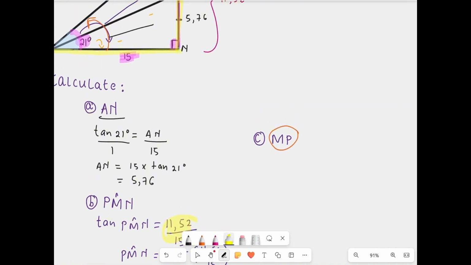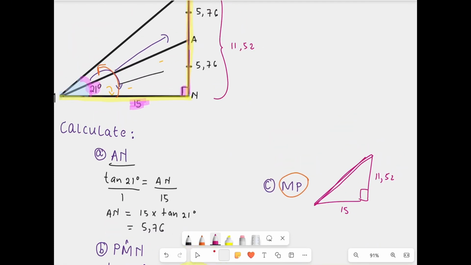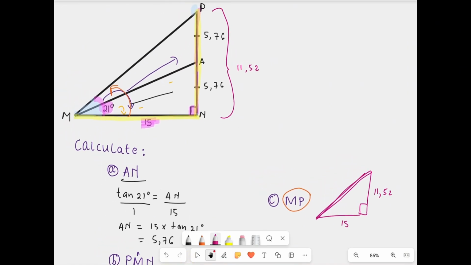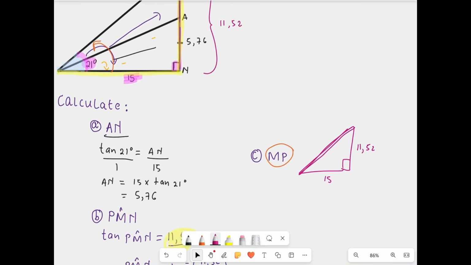So here is our triangle. We have 90 degrees here. We have 15 here, and then we have 11,52. And then we are looking for this length. So we can use Pythagoras theorem. The Pythagoras theorem states that the square of the hypotenuse, our hypotenuse is MP squared, is equal to the sum of the squares of the other two sides.